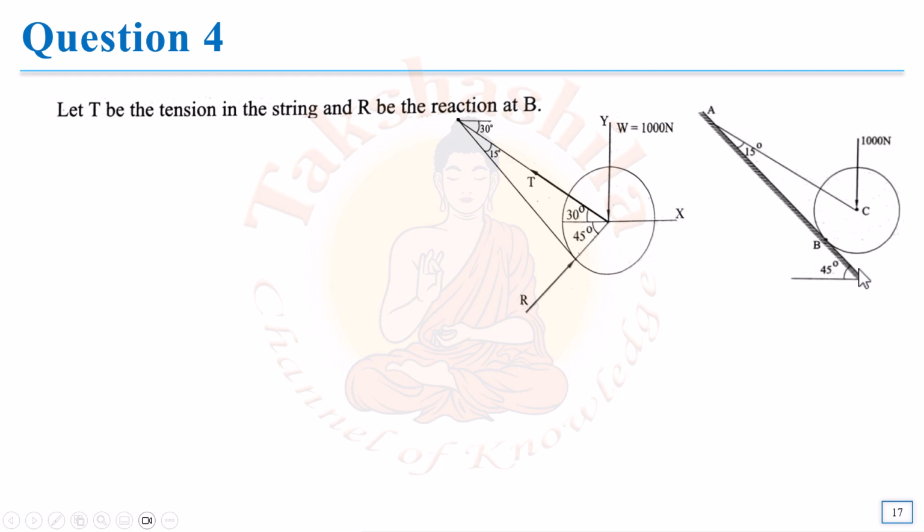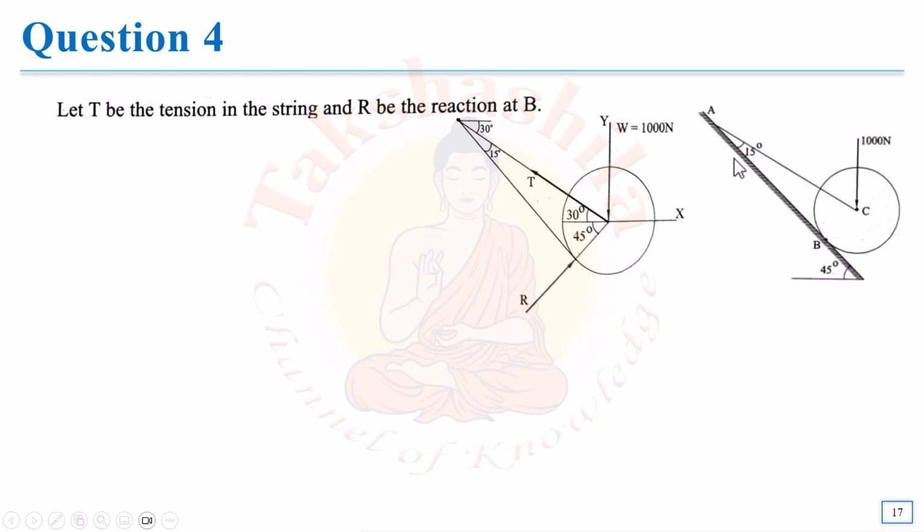So if I draw this horizontal at point A, the angle made by this inclined plane and the same horizontal is, as you see here, 45 degrees in total.